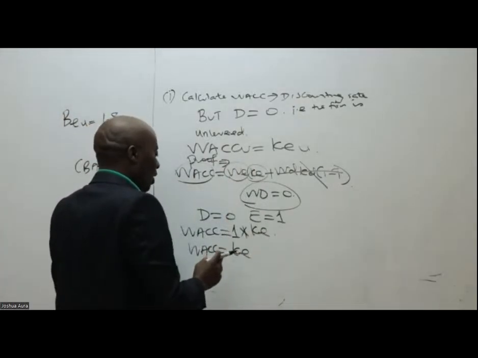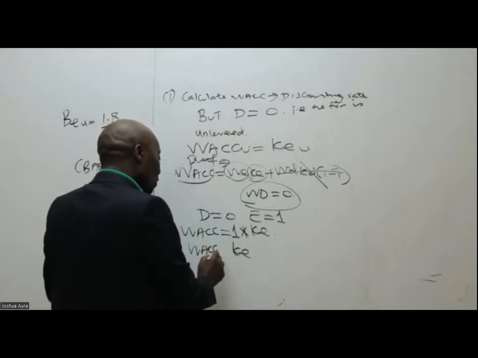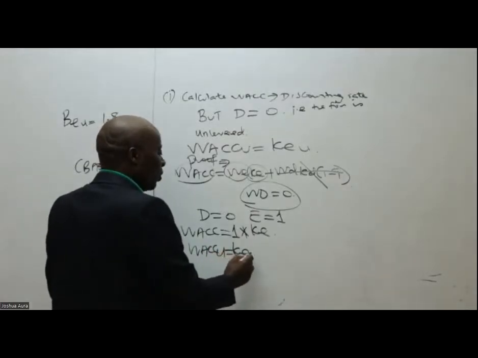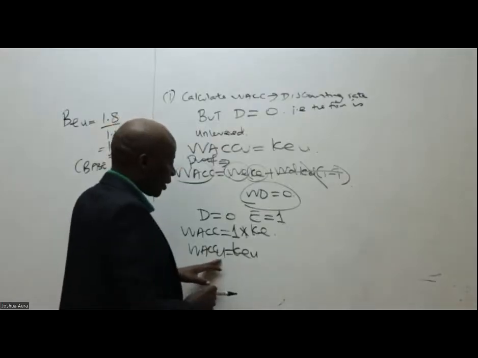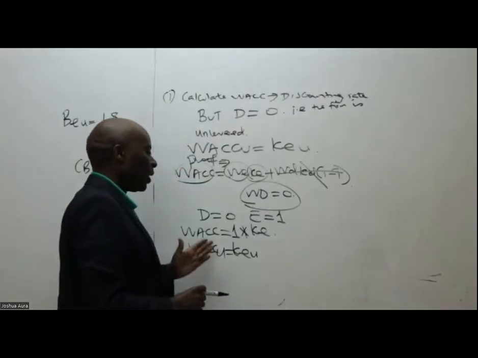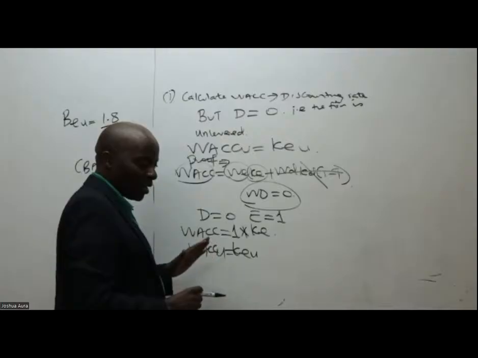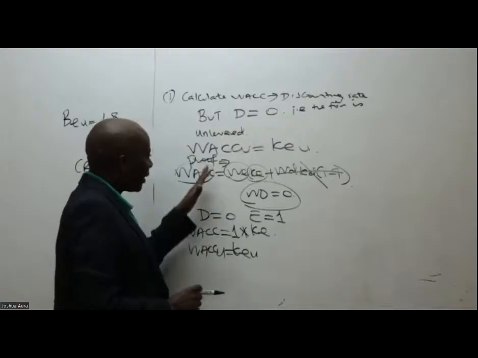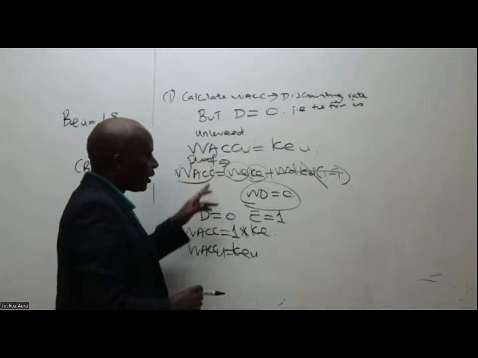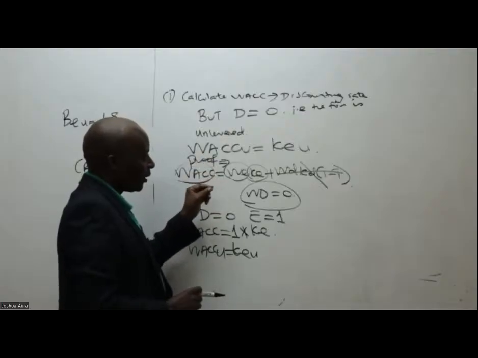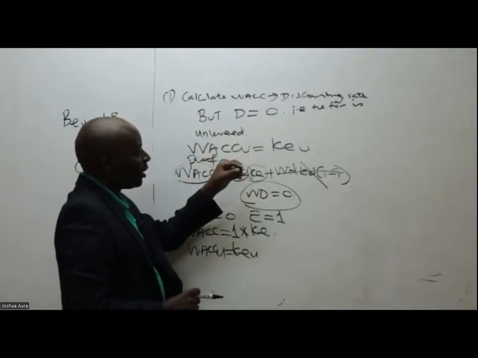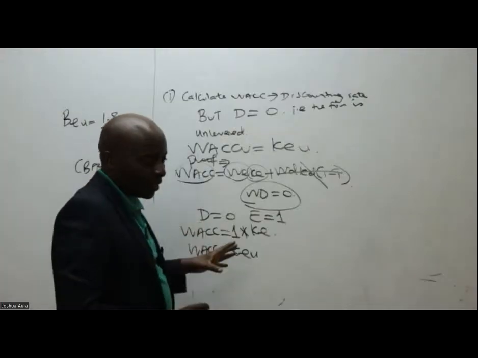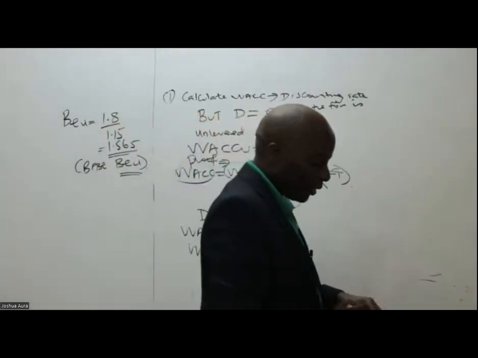For unlevered organizations, WACC U will always be equal to Ke U, where U stands for unlevered: the WACC of an unlevered firm equals the cost of equity of an unlevered firm. Forget all these derivations. The most important thing is, once you appreciate this, you've already been able to crack the problem.